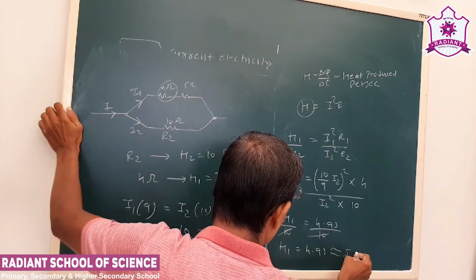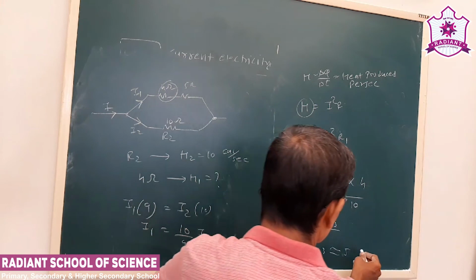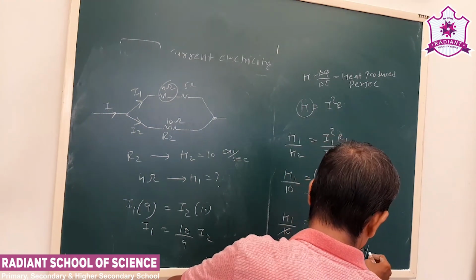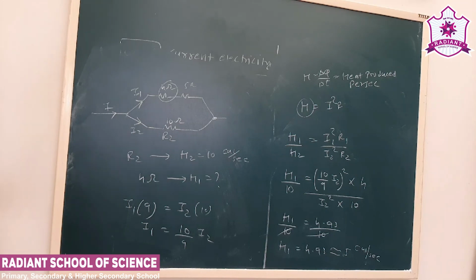So the nearest answer is 5. So the heat produced will be 5 calorie per second. See here, it is in calorie per second, but because there is a ratio, no need to convert. This is how we can solve. Now this is nothing but our MCQ number 26.